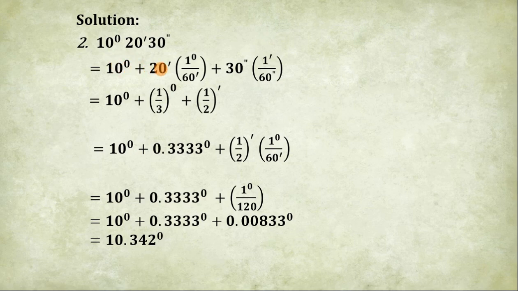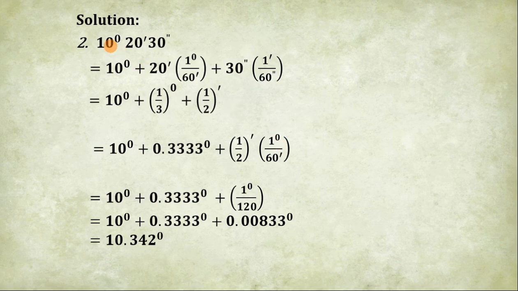But we have to convert 20 minutes to a degree and also 30 seconds to a minute and then finally to a degree unit. But you can also have a shortcut for this as seen in your learning activity sheet. In the second unit here, we convert this first to minutes. And once it is already in minutes, we have to convert to degree.